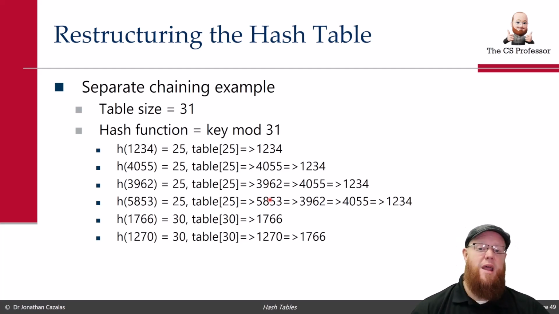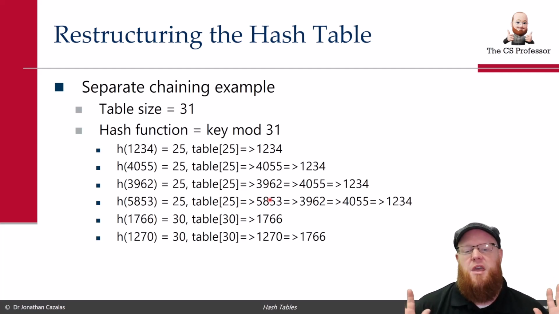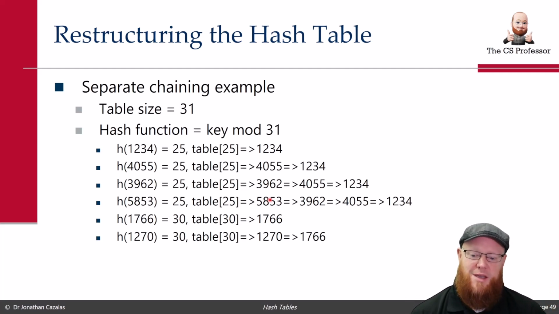Now, if you had a horribly bad hash function, let's say you had a hash function where you have your key, your parameter, and you just say return 8. That's a pretty gangster hash function, meaning that no matter who you put into this hash function, it returns 8 and they need to get stored at index 8. Well, now, if you insert 1,000 people into this hash table, all 1,000 will be stored at index 8, and your linked list at index 8 will be 1,000 long.